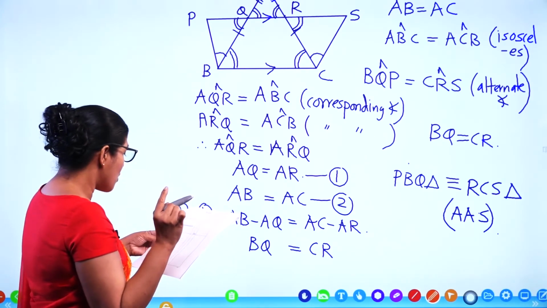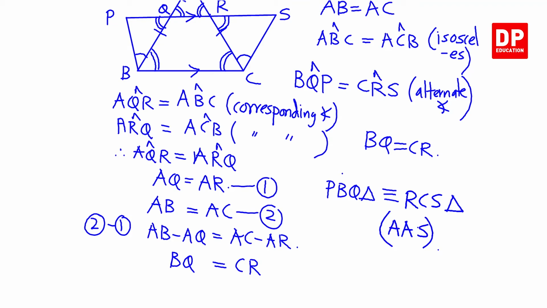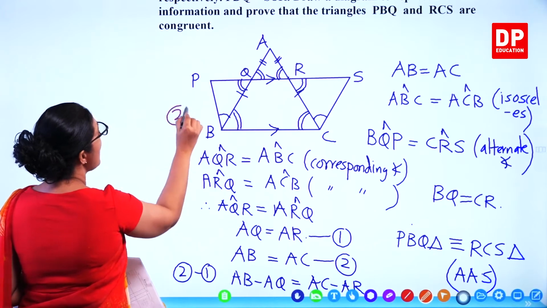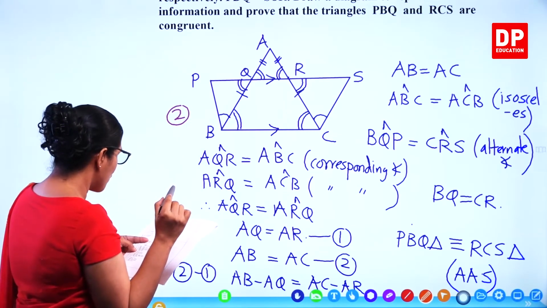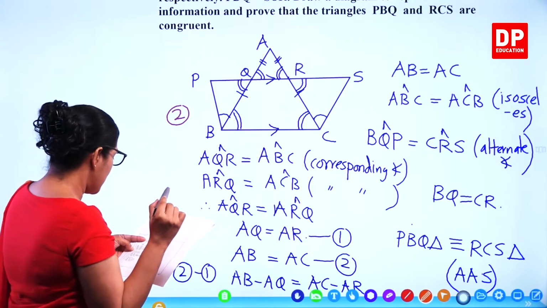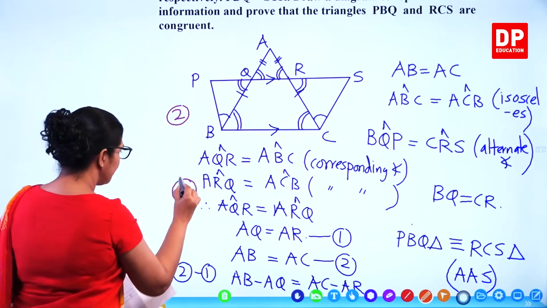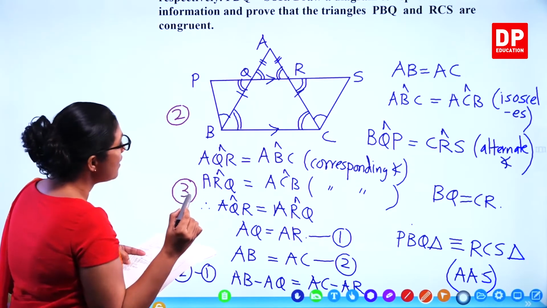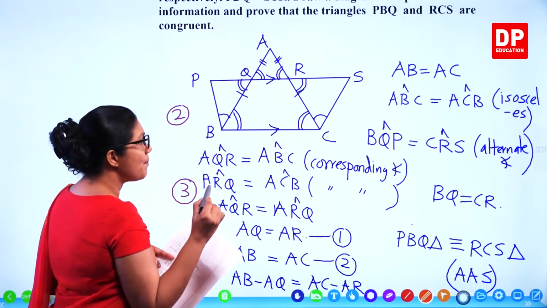So how many marks? So you have to get 10 marks for the whole question. So we are giving 2 marks for the diagram, and then we are giving 3 marks to show that AQ is equal to AR. Up to this point, 3 marks. And then showing that the angles are equal, you get another 3 marks.